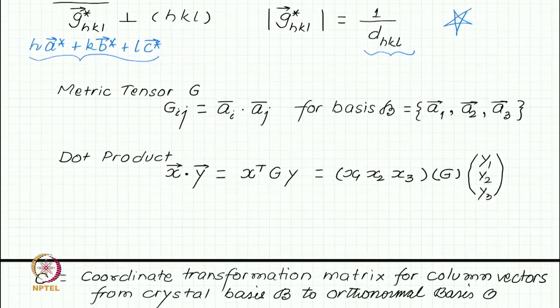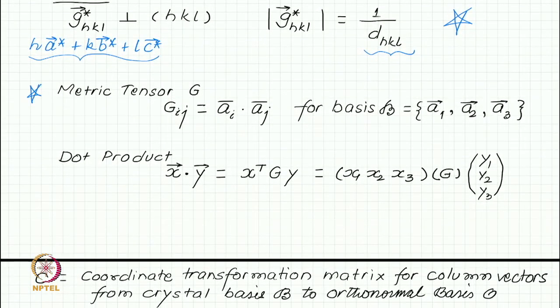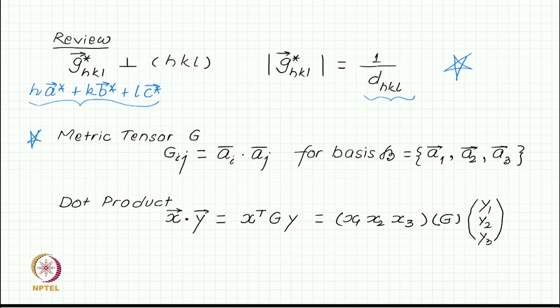Then we defined a quantity called the metric tensor, because we found that if we only know the components, then the component-wise product and their sum is not the dot product unless the basis is orthonormal. So, the dot product requires a little more involved formula, which is shown here.